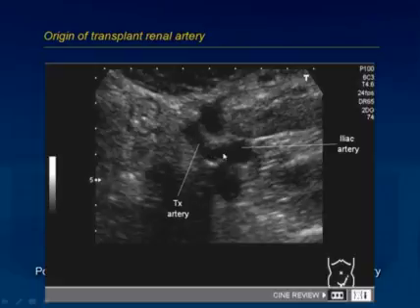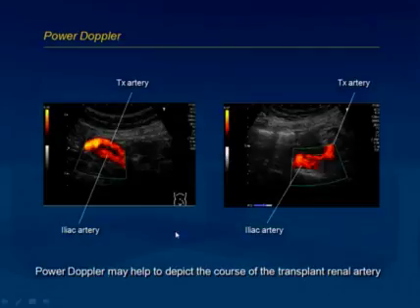It is sometimes difficult to visualize the transplant artery, especially if the patient is a bit more obese. Something that can help a great deal is power Doppler, as shown in these cases. The power Doppler has the great advantage that it's more sensitive to flow than the conventional duplex, at the expense that it cannot show the direction of the flow.